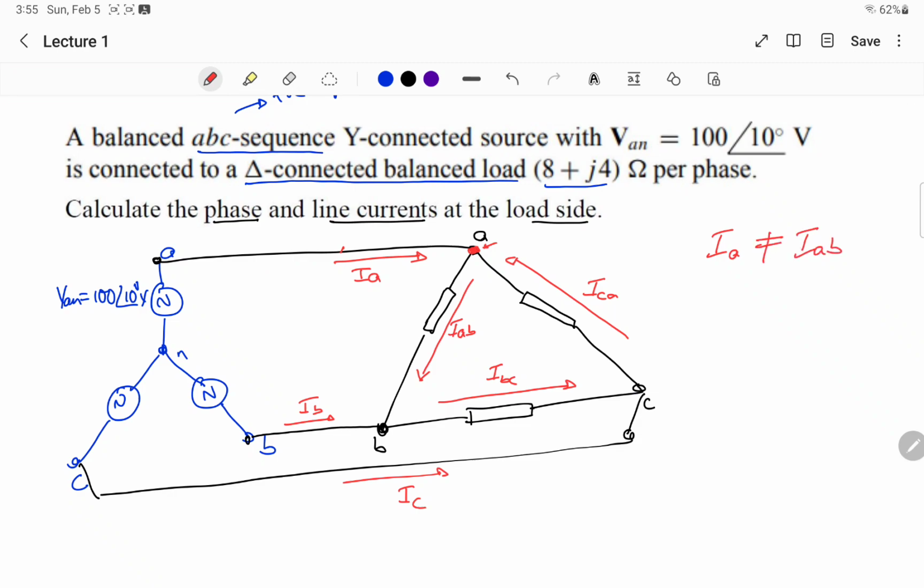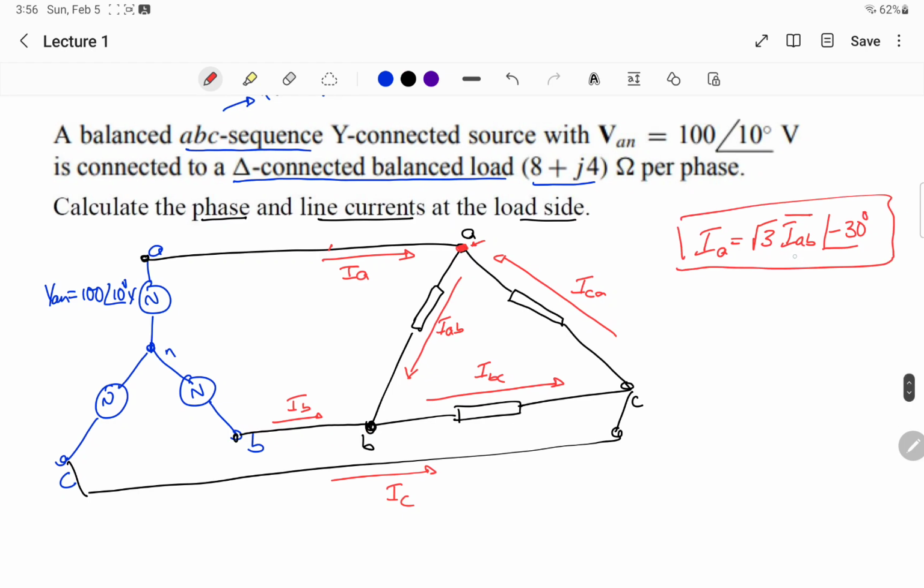First of all, you should remember this. And the second thing, if they are not equal, what is the relationship? The relationship is root 3 IAB with an angle of minus 30 degrees. This relationship should be clear in your mind. If you know IAB, you can calculate all the line currents.